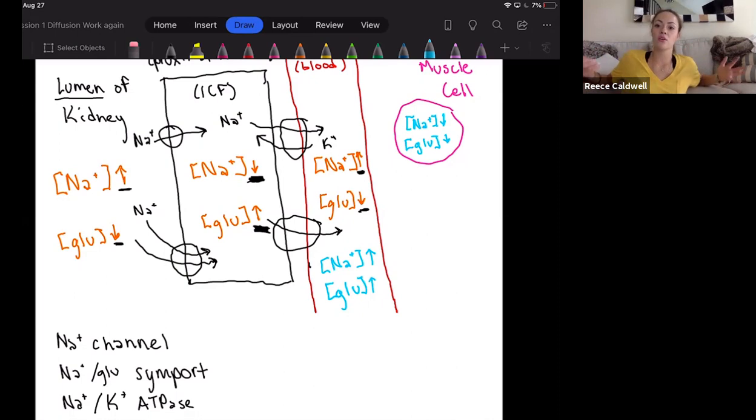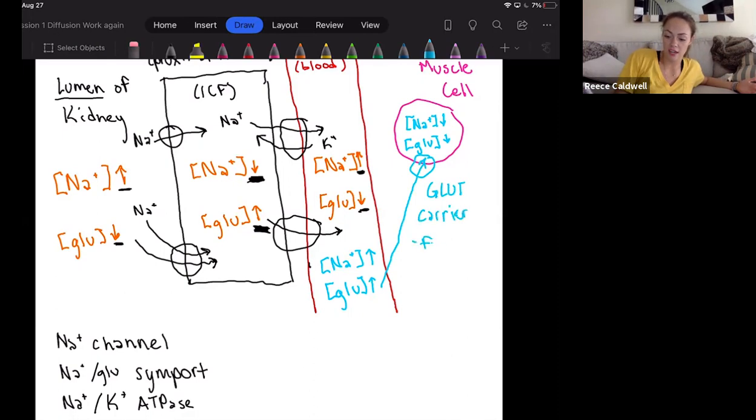But glucose will also be moving with its concentration gradient, so we will use facilitated diffusion as well. And the specific type of facilitated diffusion mechanism we'll be using is that GLUT carrier, which is going to carry out that facilitated diffusion.